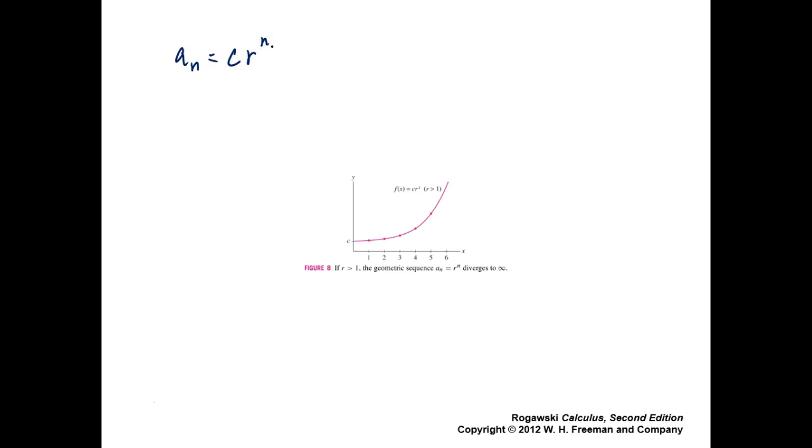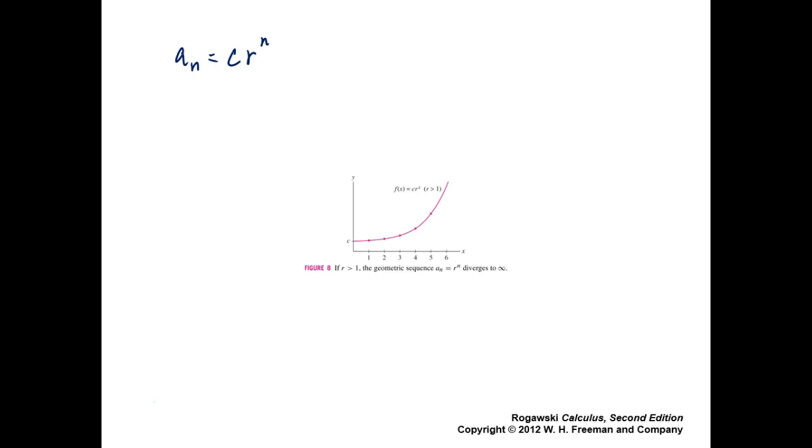That's going to be a geometric sequence. C is some constant, R is some constant, but then they follow this from there on. C and R are non-zero constants.